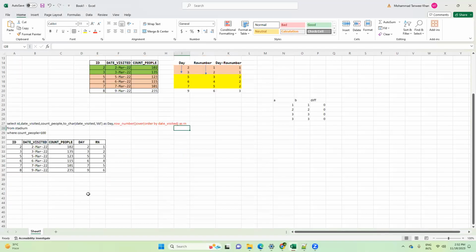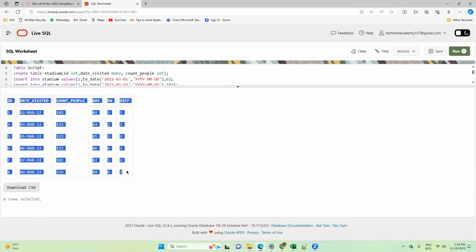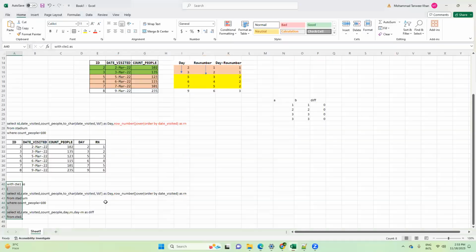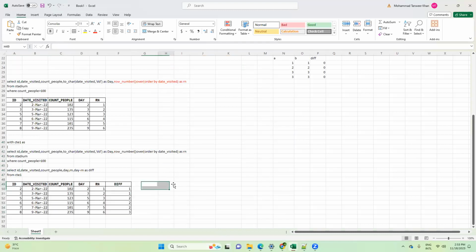Now see, we have derived this. So far, I have extracted the day part, I have derived the row number, and I have found the difference, right? Now, this difference says that this is consecutive, and this is consecutive. Am I correct?